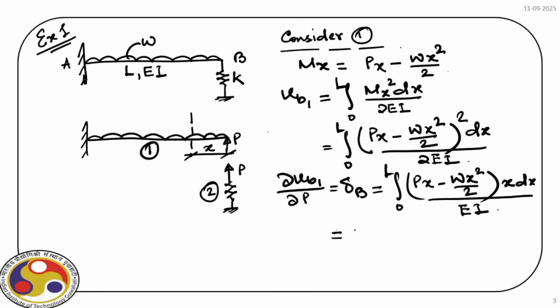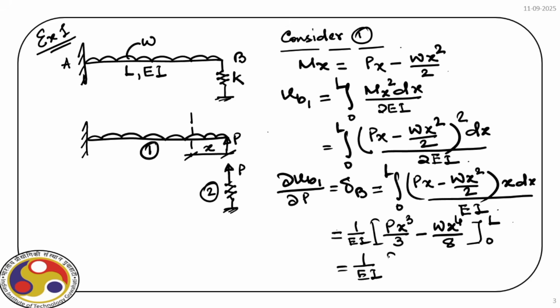So we have 1 by EI and then integral of Px times x, so Px cube by 3, minus the second term is omega x square by 2 times x, so omega x to the power 4 divided by 8, evaluated over 0 to L. So we have 1 by EI and then within bracket PL cube divided by 3 minus omega L to the power 4 divided by 8.